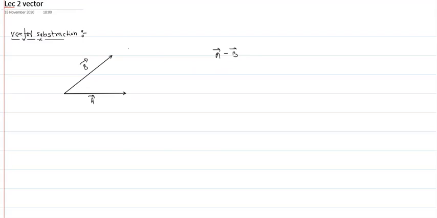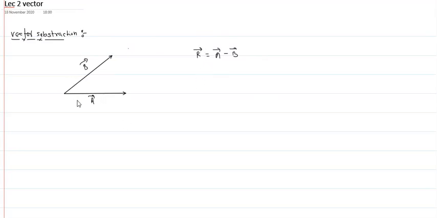When we add two vectors, vector A and vector B, we get a vector. In the same manner, when we subtract two vectors, we get a vector.